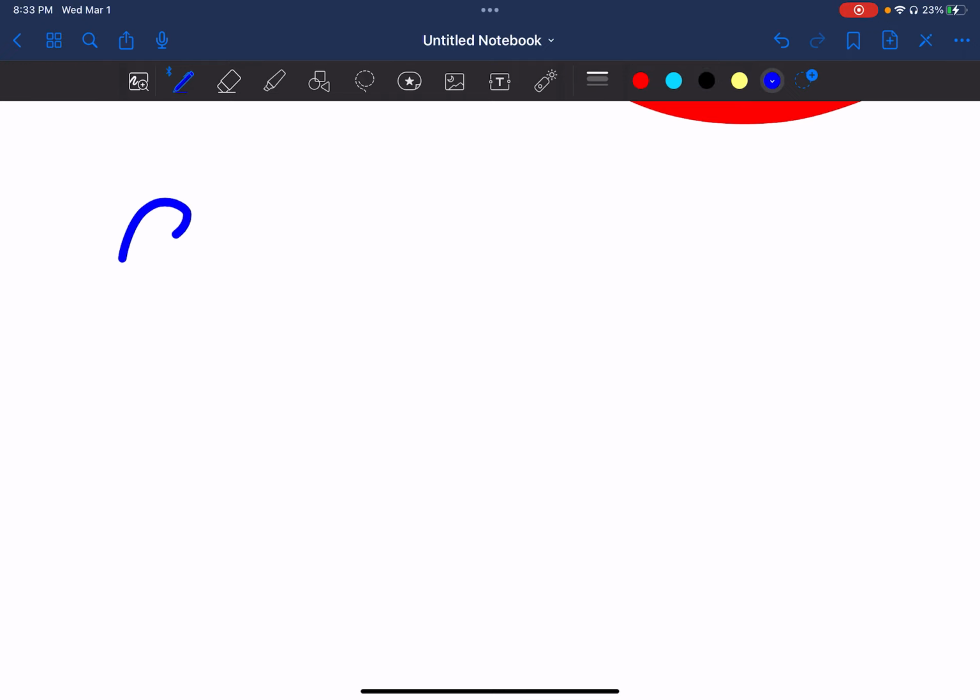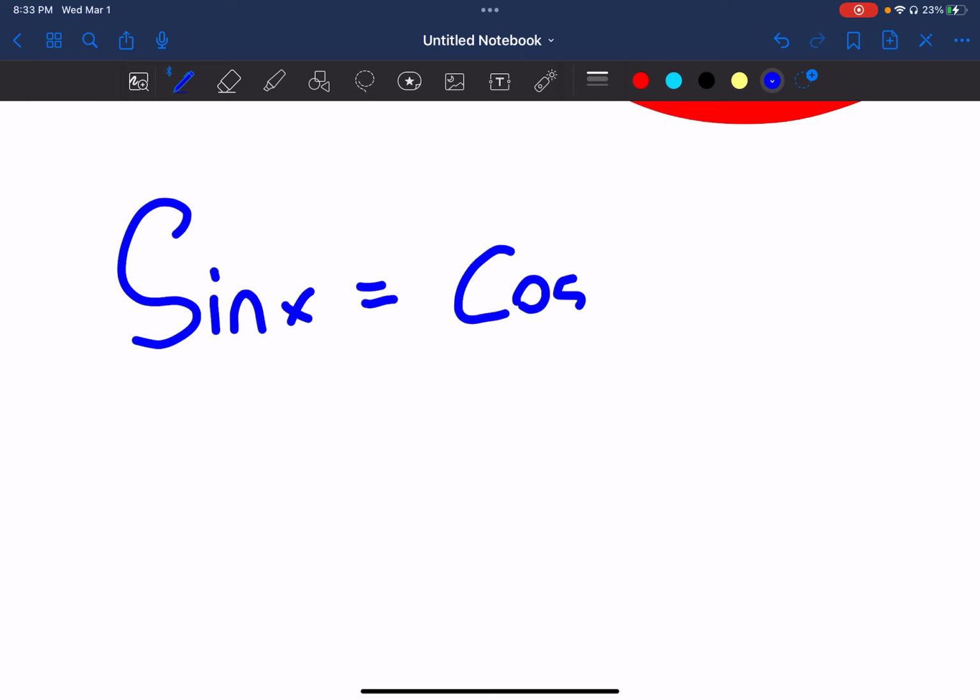The derivative of sine x is equal to cos x, right? The derivative of cos x is equal to minus sine x.